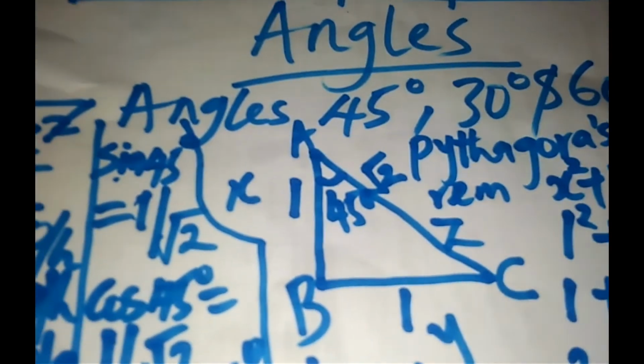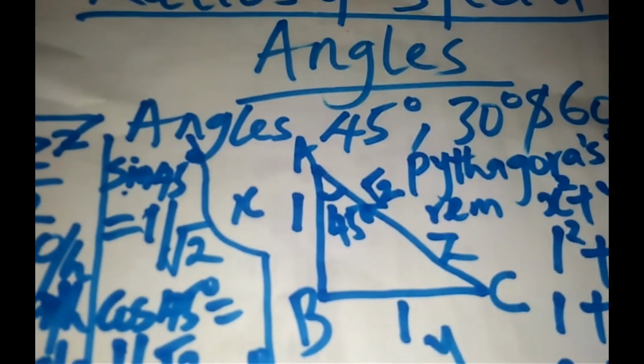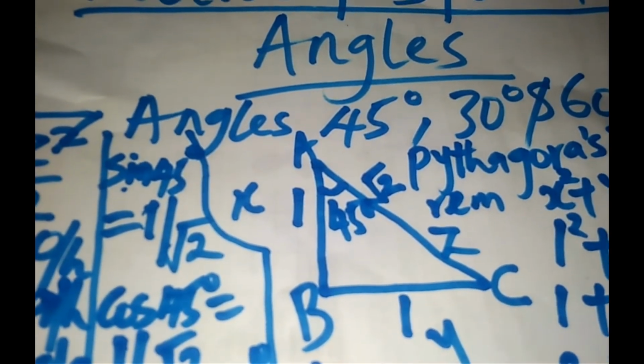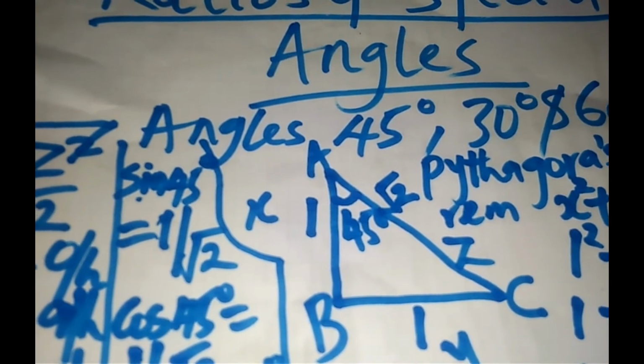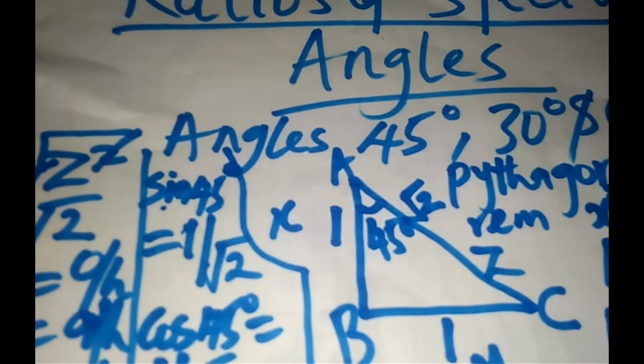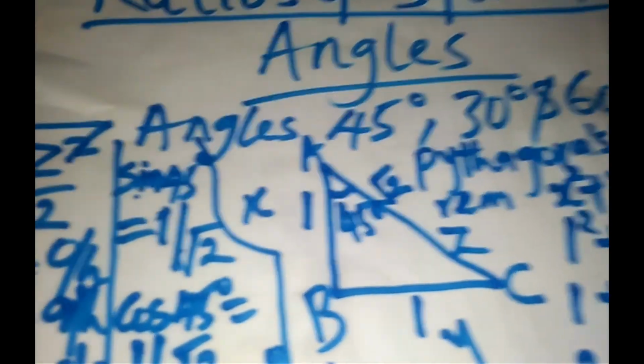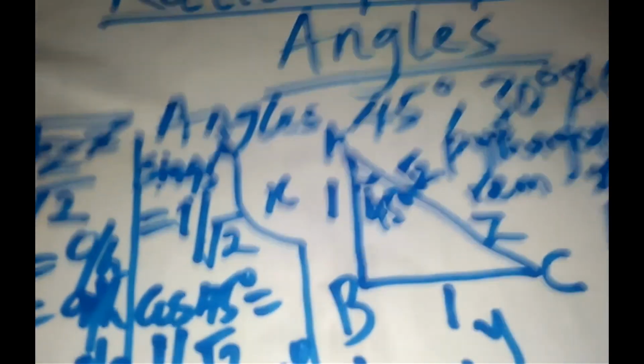Maybe some other time, when I'm done with these ones, I'll pick 90, 180 also. But for now, I'm treating just these 3. Okay, so we're done with 45 degrees. So we are now trying to deal with 30 degrees.